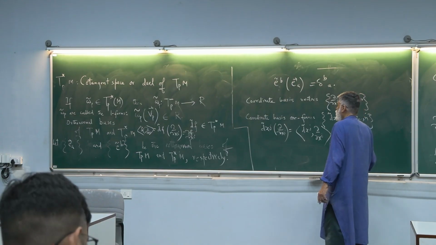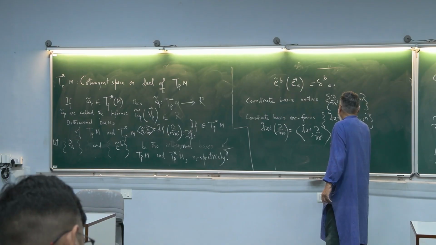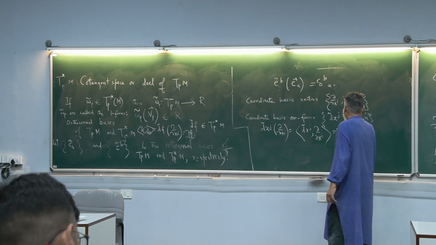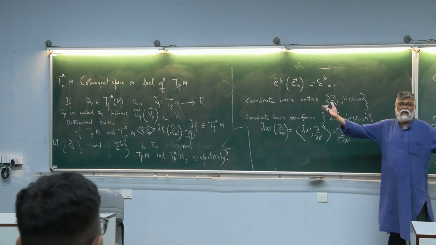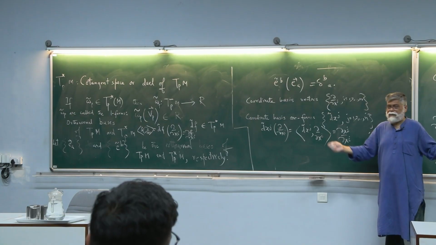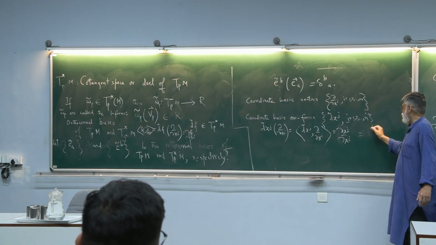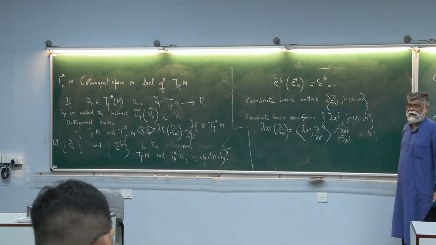The d is not del by del. So, del xj by del xi, but what is del xj by del xi? Because if xj's are independent coordinates, then del xj by del xi will be the Kronecker delta. So, this is delta j i, because they are functionally independent.